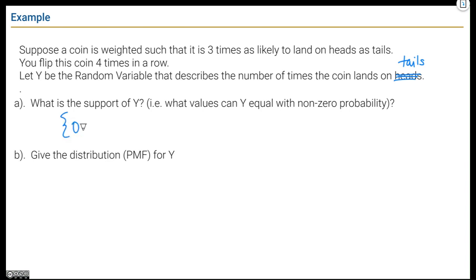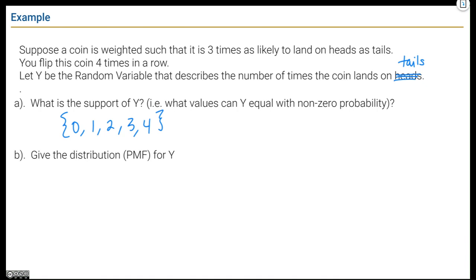Okay, so in this case, I could have 0 tails, 1, 2, 3, up to 4. So those are the possible values that Y could output or Y could take on. And then I want the distribution. So this is really similar to an example we did in our last video, but let's do it several different ways.